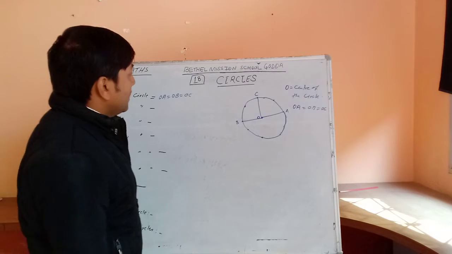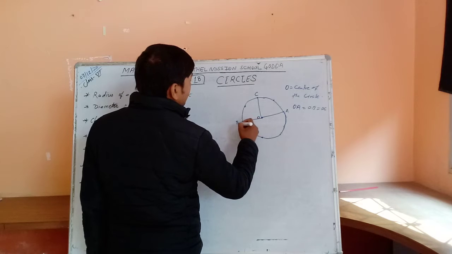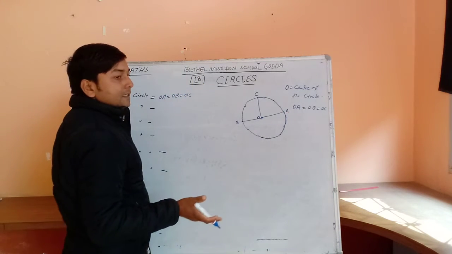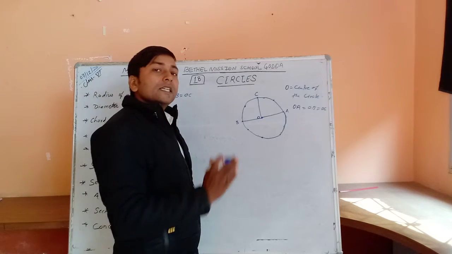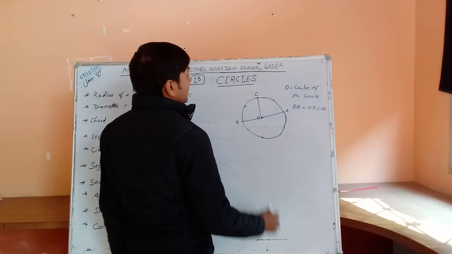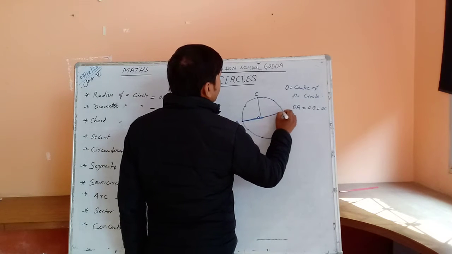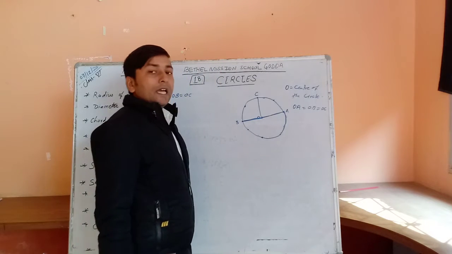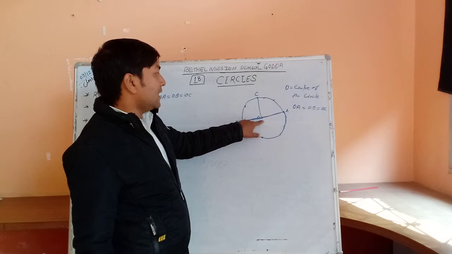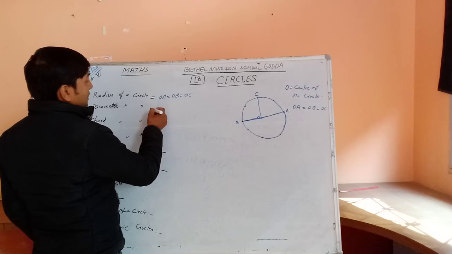And what is the diameter? If you take the line which passes through the center and touches the circle in two points, A to B, that line is known as the diameter.